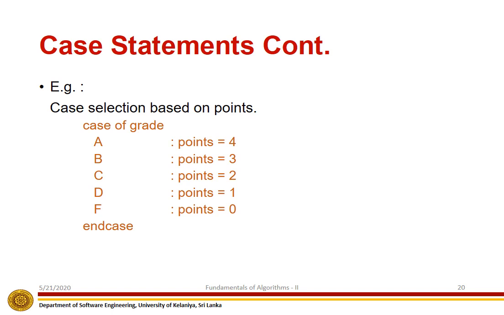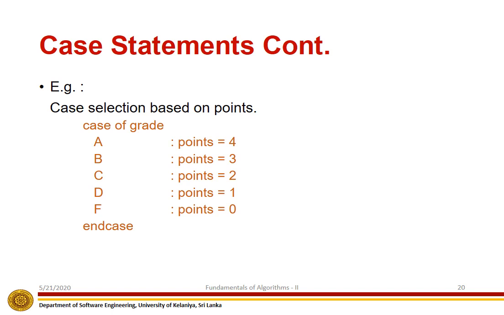Then the second condition and colon, the statement to be given if the condition is true, like that. And finally end the case statement using the keyword end case. You can see I have not given the default statement here, right? Because I have stated all the possible conditions above, so I ignored the others part.